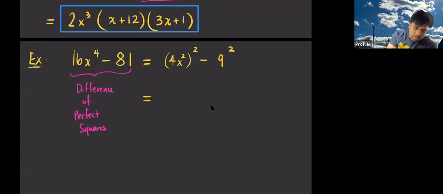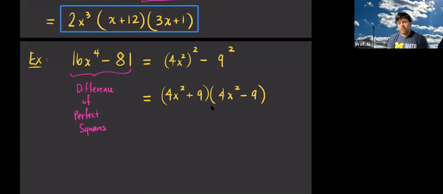This becomes what? 4x squared plus 9 times 4x squared minus 9. So now I am factoring using difference of perfect squares.